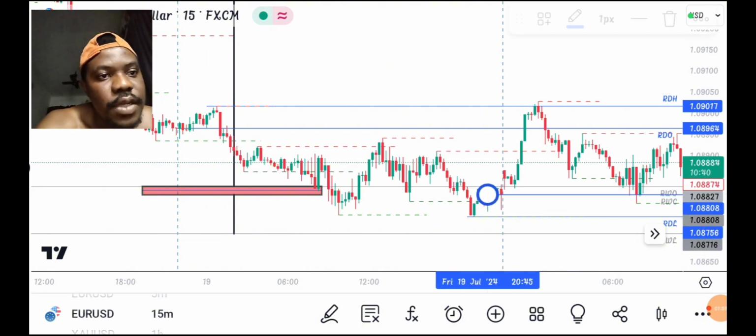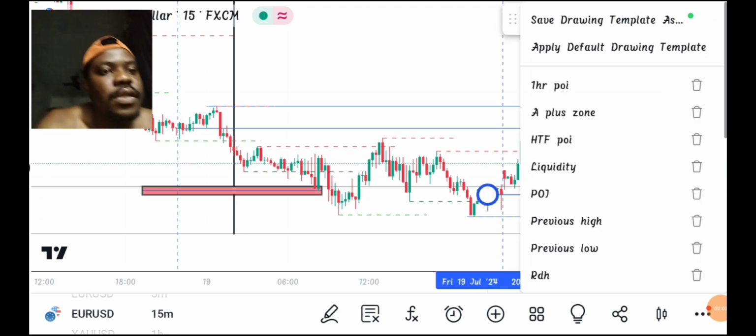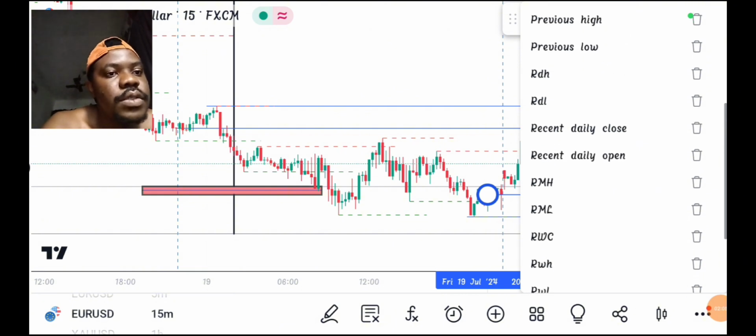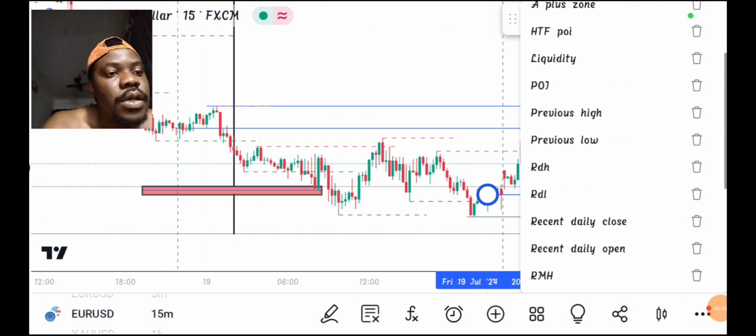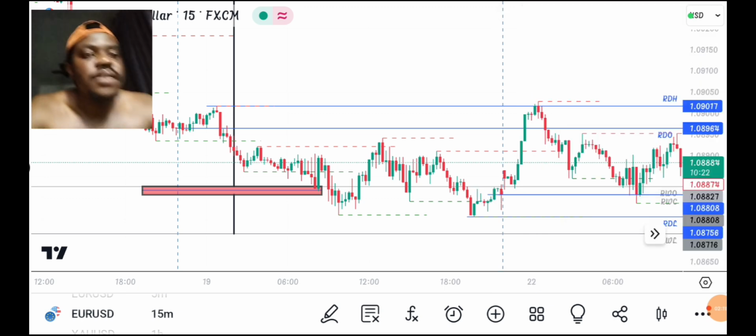So I'll name that recent daily close. It's actually our recent daily close, not low, guys.